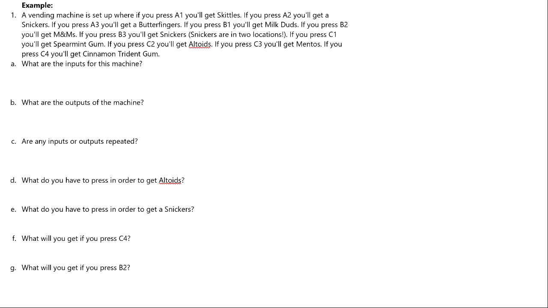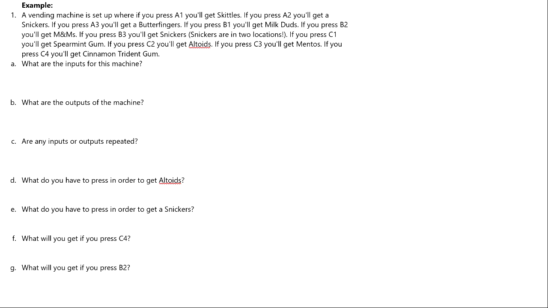The output is what the machine spits out, which is what the function spits out as well. That's why we call it the output. In this case, the outputs are the different candy bars.